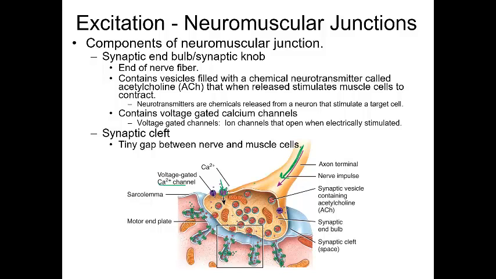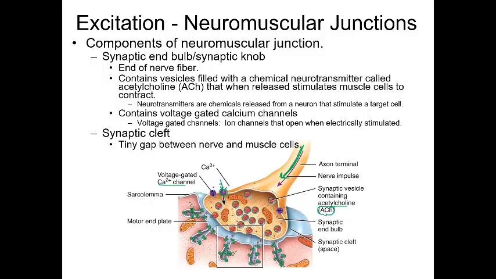Step number 2, because calcium has now entered the synaptic end bulb, that triggers something. Inside the synaptic end bulb, sitting in little storage vesicles, is a neurotransmitter. This neurotransmitter is called acetylcholine, or ACH.